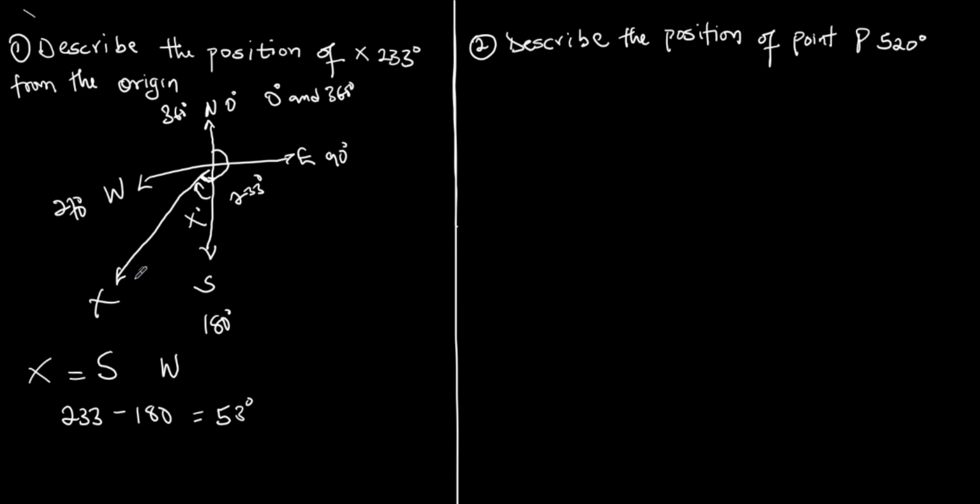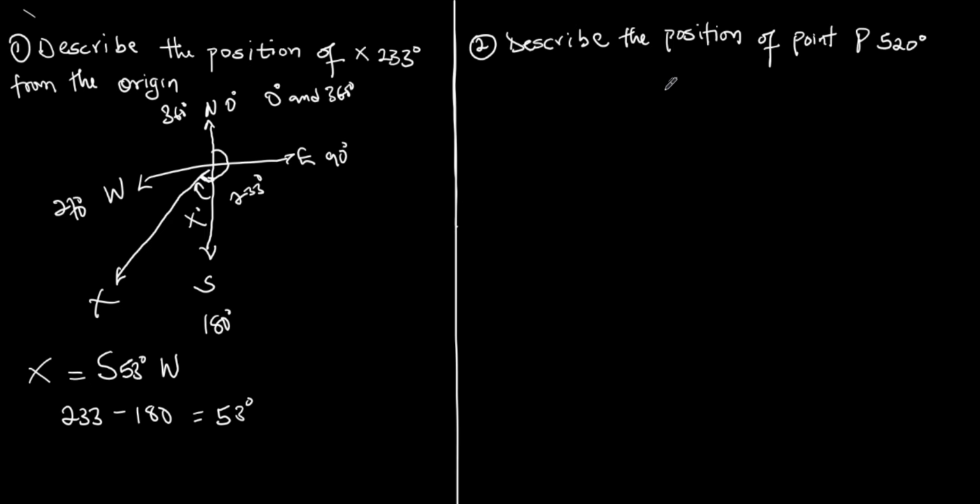So that means that our X in bearing is south 53 degrees towards the west. So starting from the origin, we drew the position given. We found out that X is between south and west. So to describe the position of X on a compass bearing is to find the degree of X between south and west, because X fell between south and west.